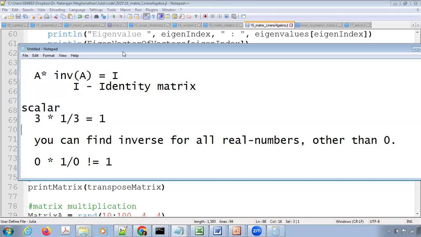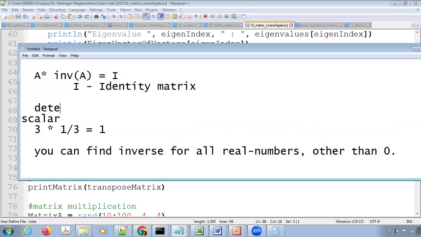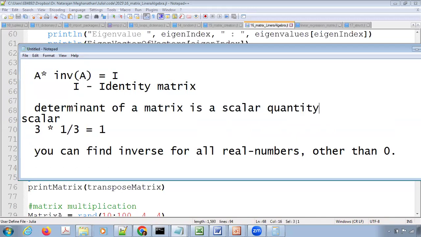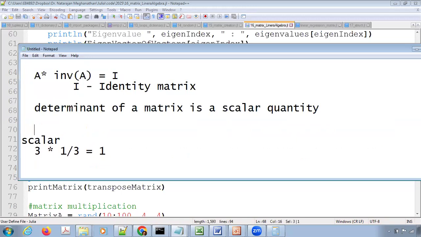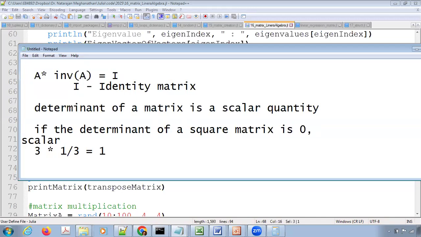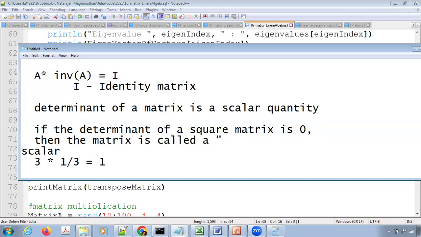Likewise, there is something called the determinant of a matrix. The determinant of a matrix is a scalar quantity. You cannot find the inverse if the determinant of that matrix is 0. If the determinant of a square matrix is 0, then the matrix is called a singular matrix.